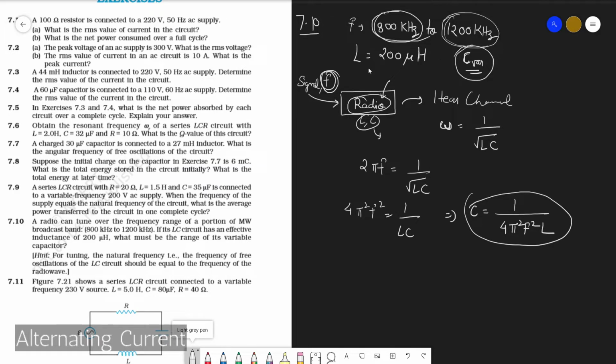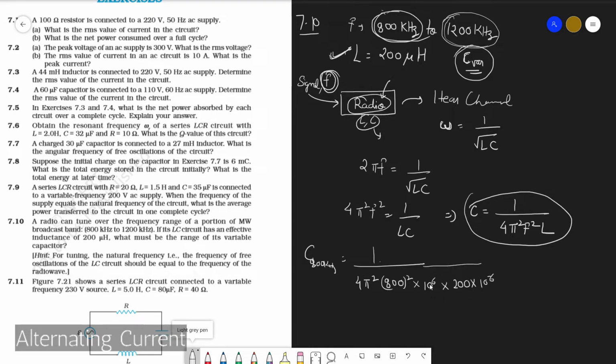For that to occur, your system must be capable of matching the frequency of 800 to 1200 kilohertz. Since the L value is fixed, you are left with C, so you have to vary C. Suppose for 800 kilohertz, we can find C as 1 upon 4 pi square, f is 800 square, kilo is 10 to the power 6, and L is 200 into 10 to the power minus 6.